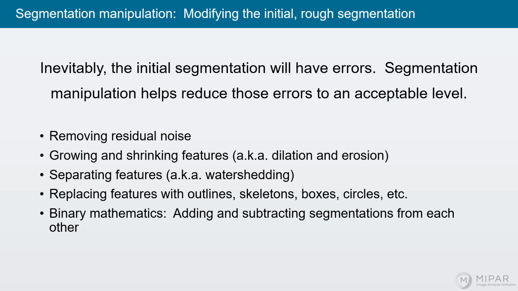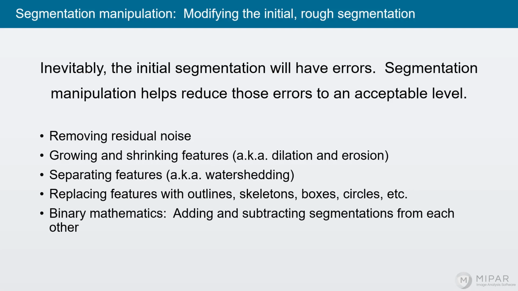It's important to remember, though, that it's okay if this initial rough segmentation has errors, because we then have segmentation manipulation that you can perform afterwards to fix those errors. Things like removing noise, little things that were selected that shouldn't be, adjusting the size of the features to make them closer to the original grayscale value features that you want to find.